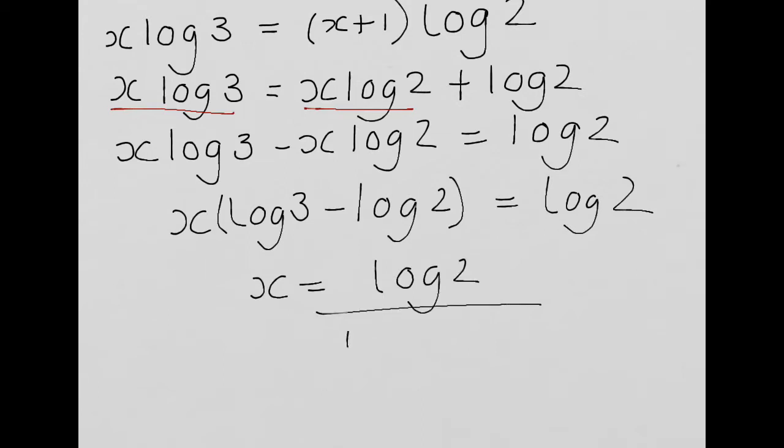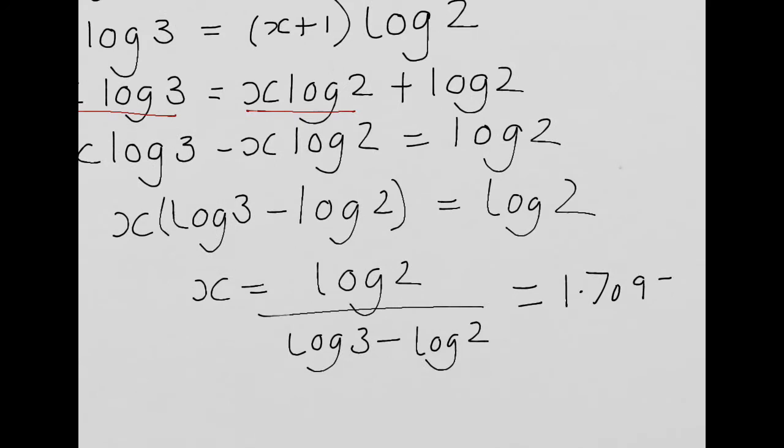So I'm dividing both sides by log of 3 to the base 10 minus log of 2 to the base 10. And if I type that in my calculator, I would get 1.7. And it's 0.95, because actually if I just check the textbook, it has asked for it to 4dp.